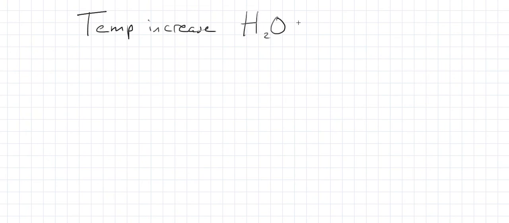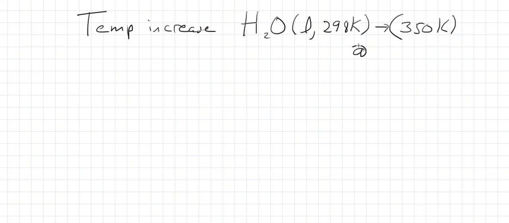All right, so those phase transitions are pretty easy. What about when we don't have a phase transition? What about a process where we've got a temperature increase? So let's imagine we take water again, and we're going to take liquid water, and let's do it at 298 Kelvin, and we're going to go to say 350 Kelvin, and let's do it at, I don't know, 2 bar.